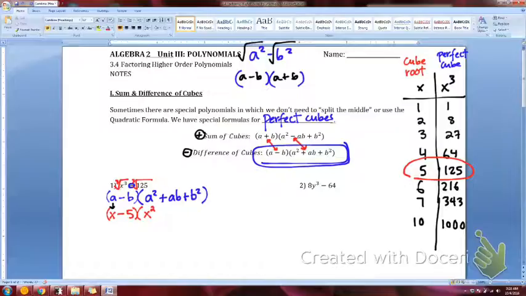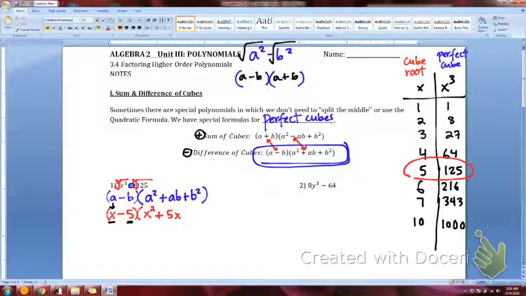So my a value times my b value is going to be x times negative 5. But for the sake of the formulas, we're not going to think about the sign. We're just going to do x times 5, and x times 5 is 5x. And even though we think it should be a negative 5x, the formula says that it needs to be positive. So we're going to put a plus sign there.